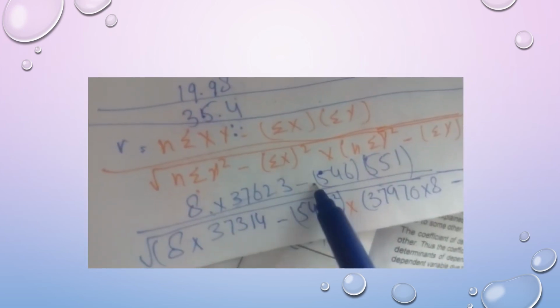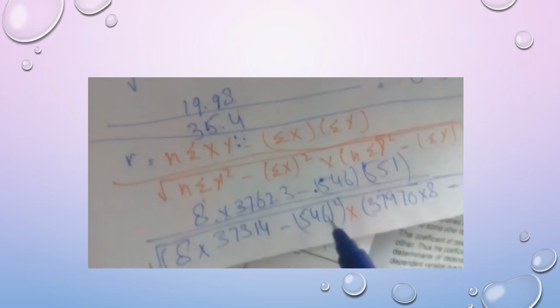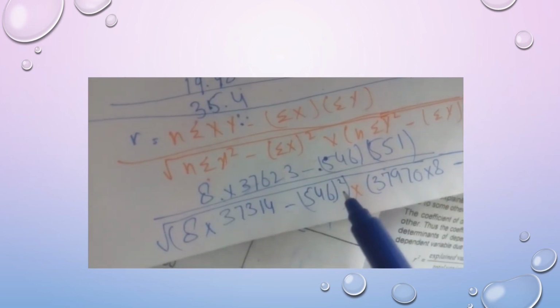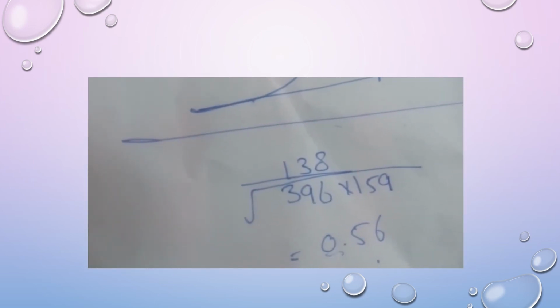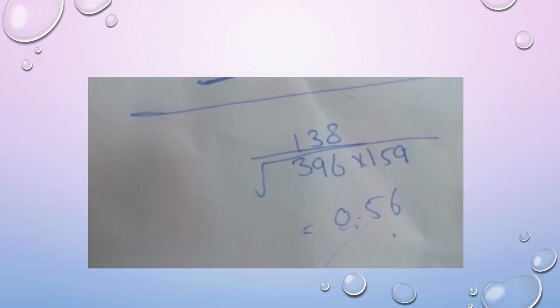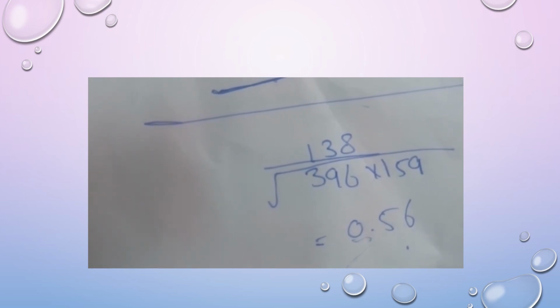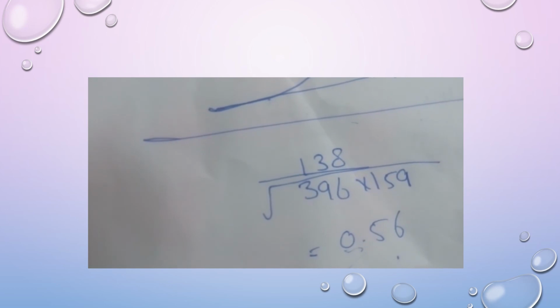The answer of this part is 138 and the answer of this part is 250.92. And when we divide 138 with 250.92, the answer is 0.56, which shows the same answer. And we use both formulas, and mostly it depends upon the examiner.